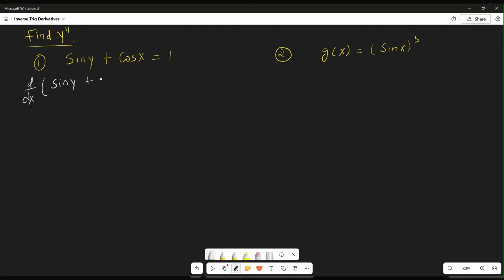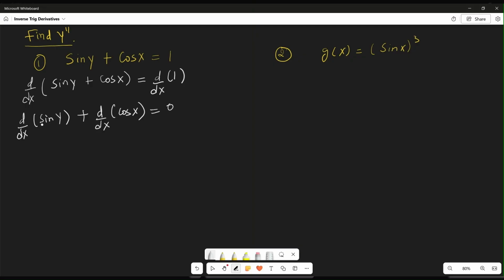Take the derivative on both sides of the equation. We have here the derivative of sine of y plus the derivative of cosine x, and the derivative of a constant is 0.